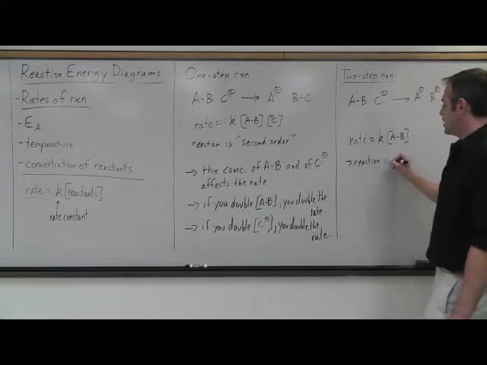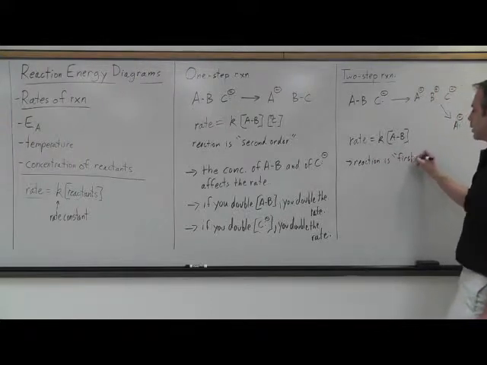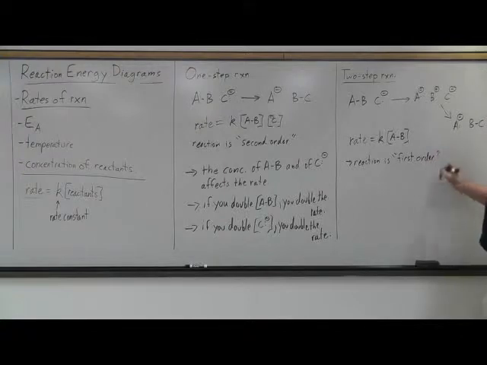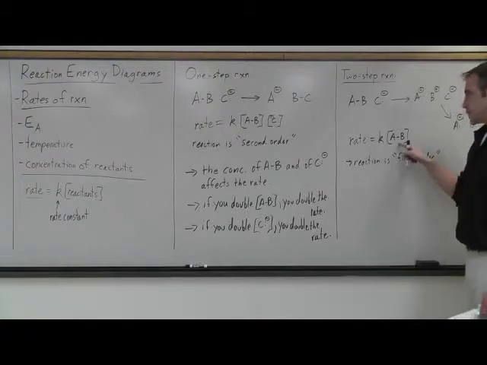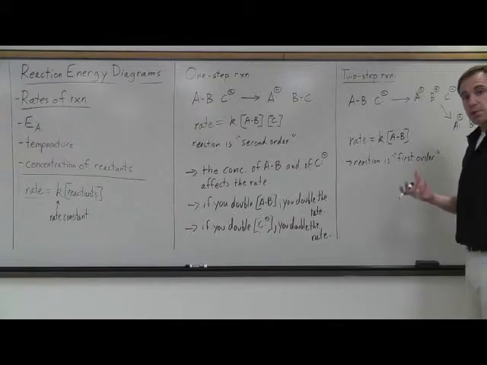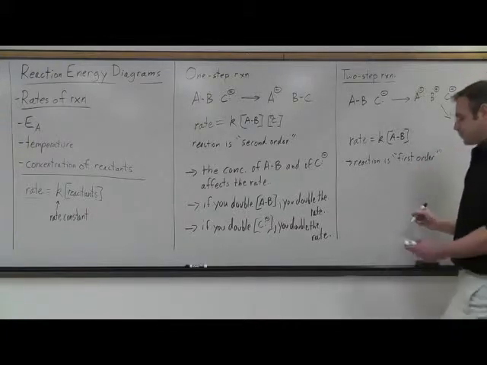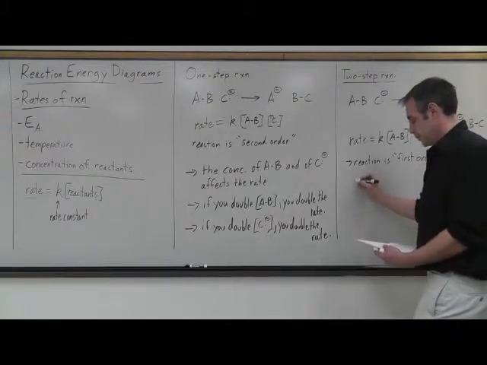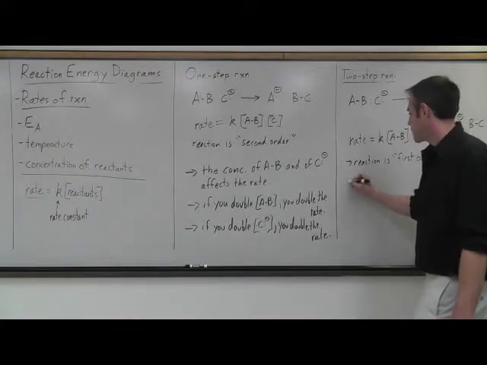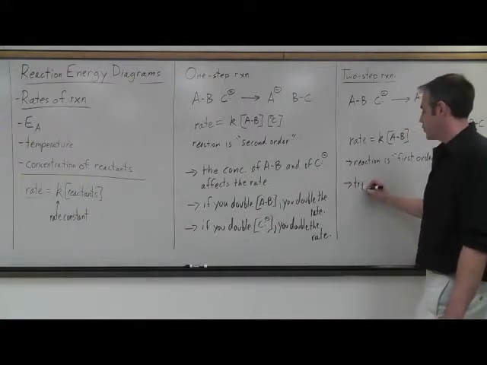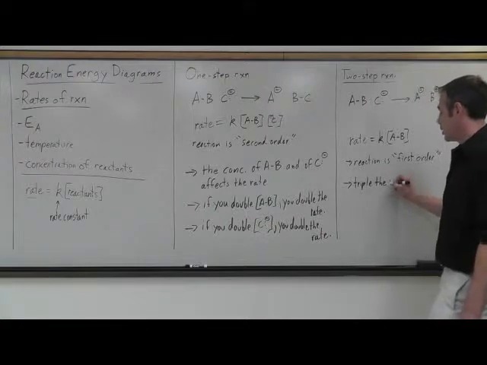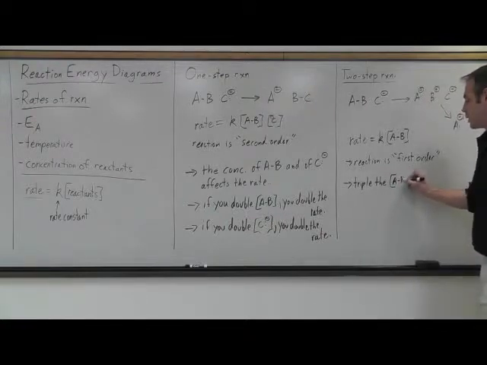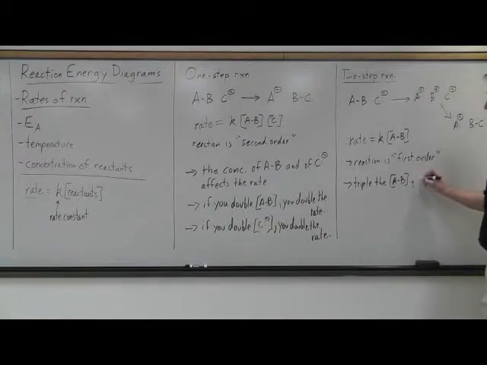This reaction then is first order in terms of the rate, because the concentration of only one molecular species is important. Hence, if you were to triple the concentration of AB, then you triple the rate of the reaction.